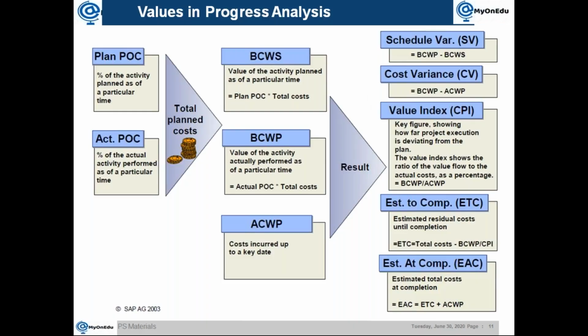And there is also something called the schedule performance index, SPI. That will also be calculated as BCWP divided by BCWS. That is known as the schedule performance index, and it is used for many calculations based on the schedule variance and all those things.